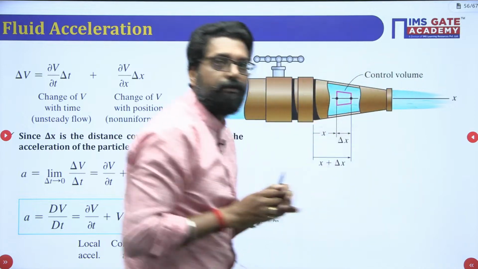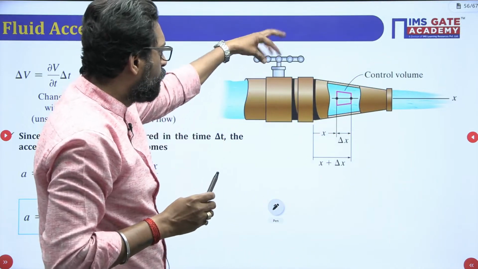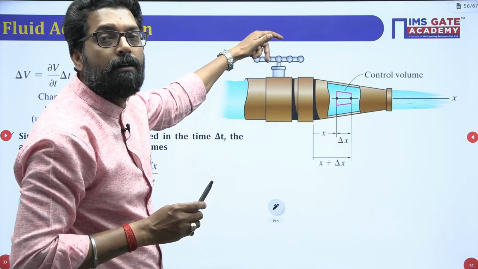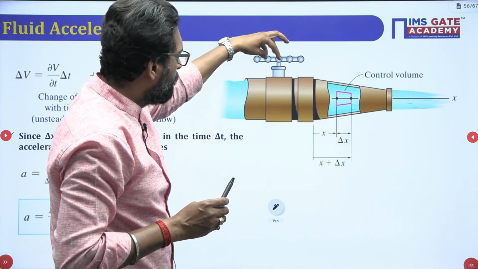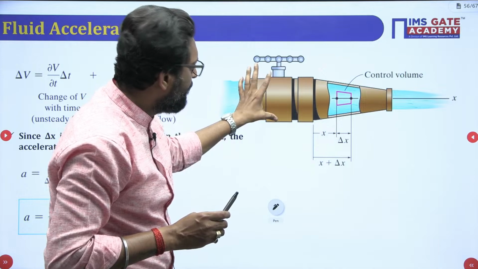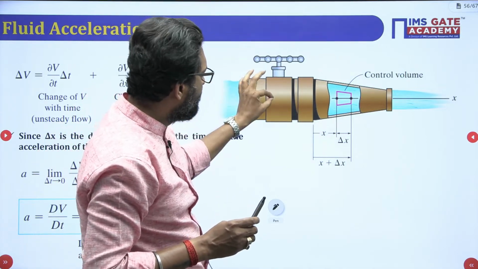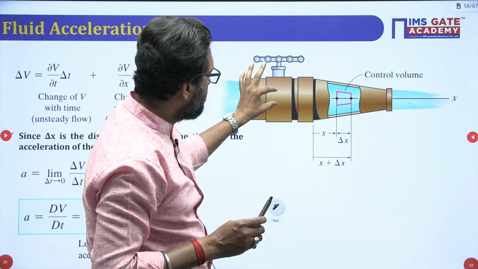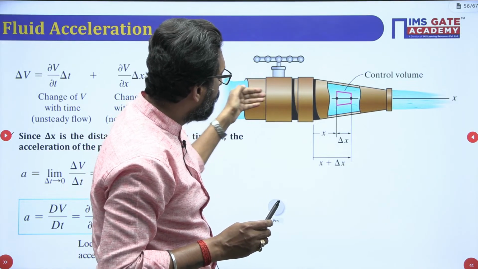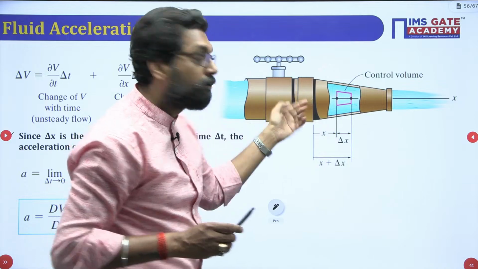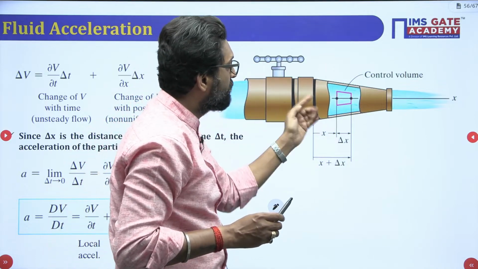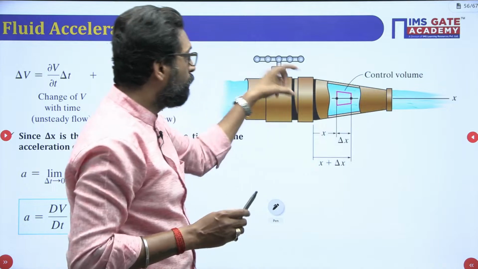the velocities differ. And you have to regulate this, there is a regulator. So accordingly, you have to increase the size. If you open the valve and increase the size, the flow rate will change. So the flow rate will change with respect to the position and also with respect to time.